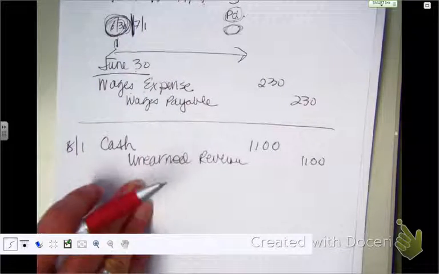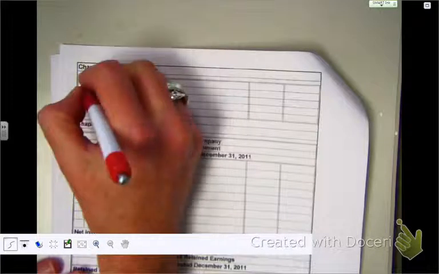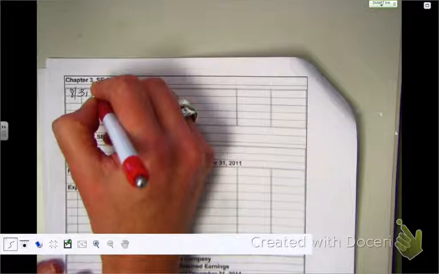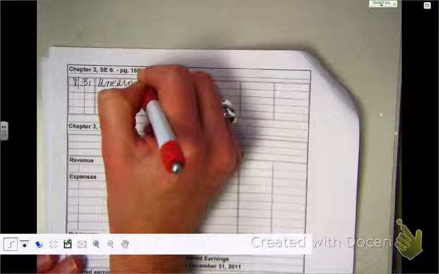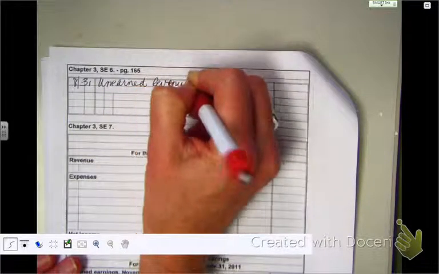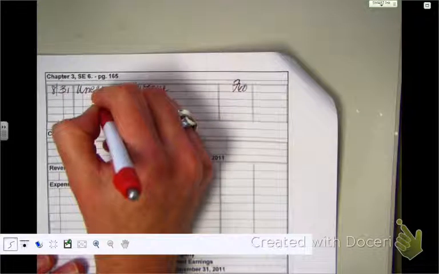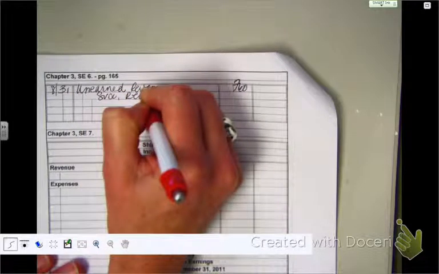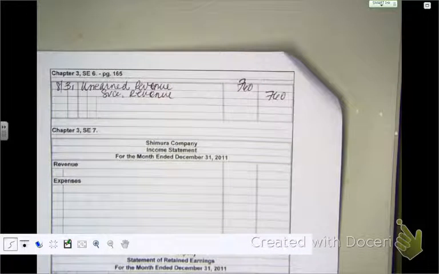The way that we adjust for that is we do an adjusting entry at the end of August, so August 31st, and we're going to debit the unearned revenue for the $760, and we're going to credit the service revenue for the same amount to reflect that we've earned that $760.